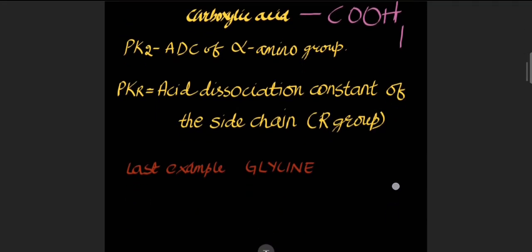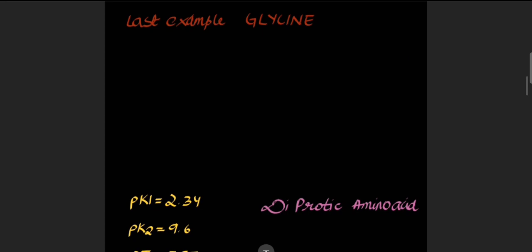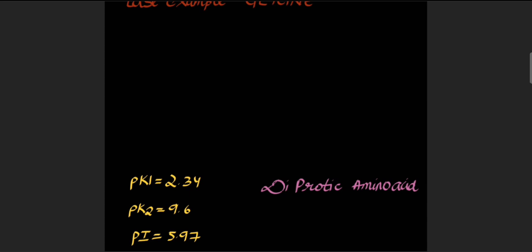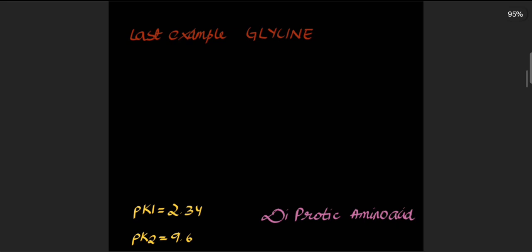Okay, so the last example we talked about was glycine. As we can see, let me draw the structure of glycine. Glycine was very simple.